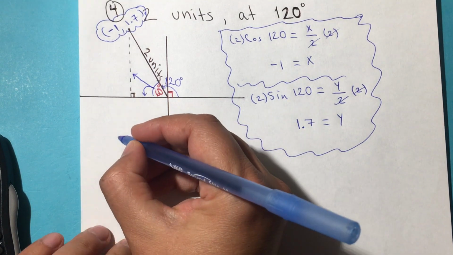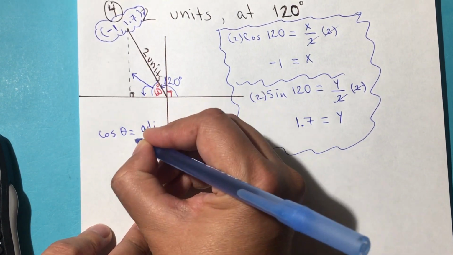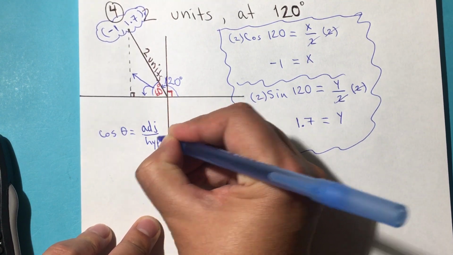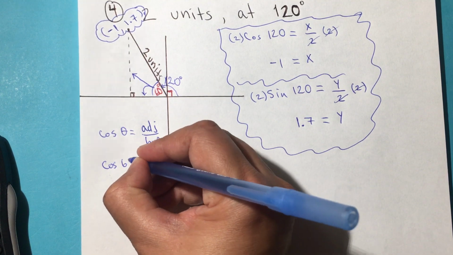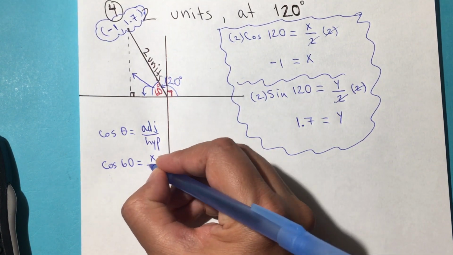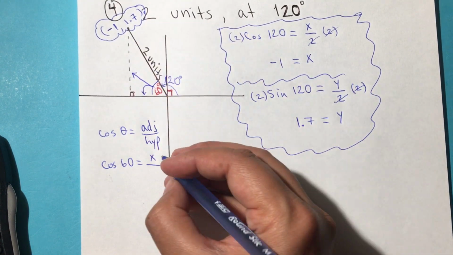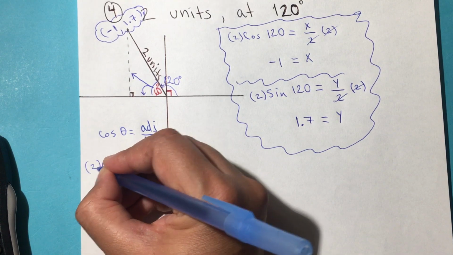Okay, so again, for cosine of theta equals adjacent over hypotenuse, cosine of 60 is equal to adjacent, which is x, divided by the hypotenuse, which is 2 units. You multiply by 2.